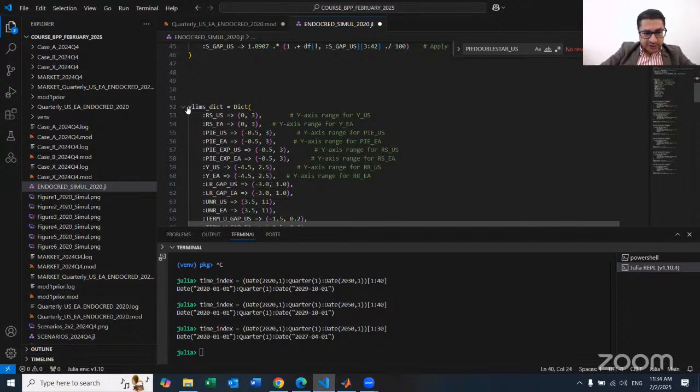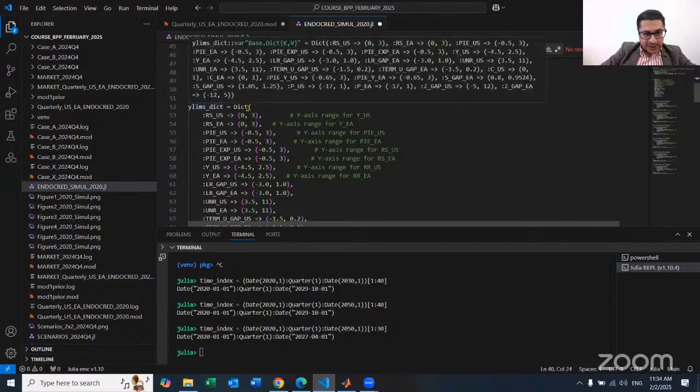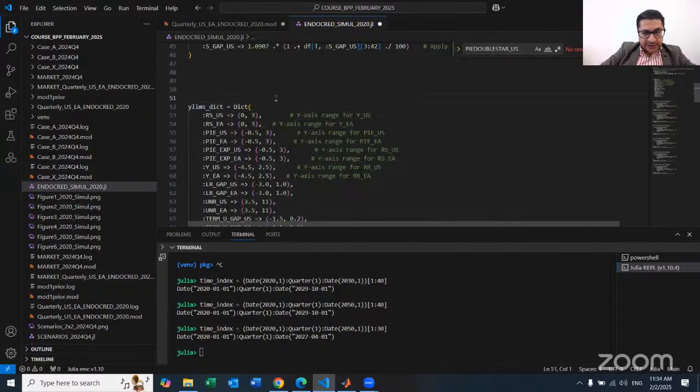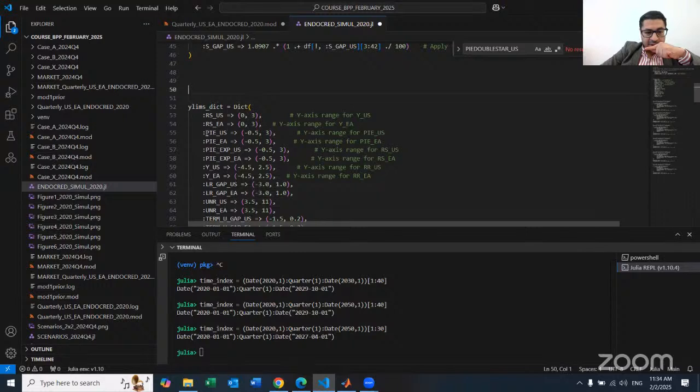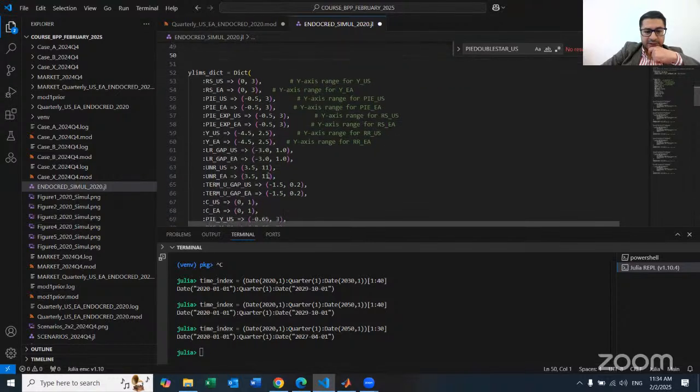Here we can use this command y-lim dict and say that in my upcoming figures, plot rs in a range from 0 to 3 for US and for euro, and for inflation, for example, plot in a range from minus 0.5 to 3, and for other variables.